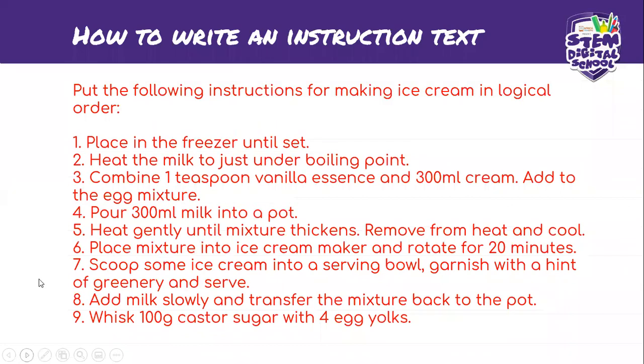Now, put the following instructions for making ice cream in order. Can you try to put them in order? Let me give you just 2 minutes. There are nine statements, so you just write the numbers.